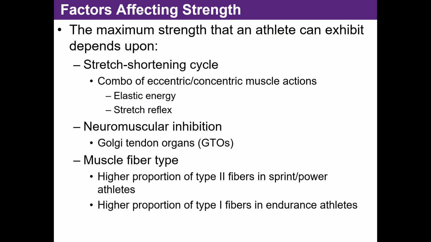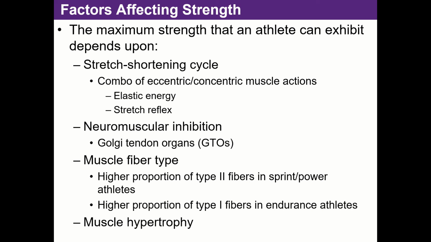And then the one that's deep to that is called the soleus, and the soleus is more type 1 fibers. It's more of a postural muscle. So if you're just standing around, you're using soleus to keep the ankle in a neutral position so you don't fall down. So those postural muscles tend to have a higher proportion of type 1 fibers. But all of that said, there is some variance between individuals in type 1, type 2 makeup.